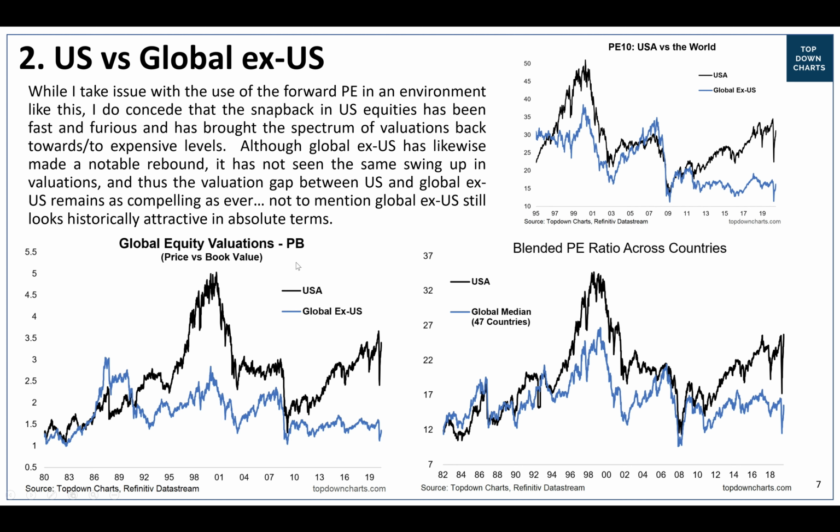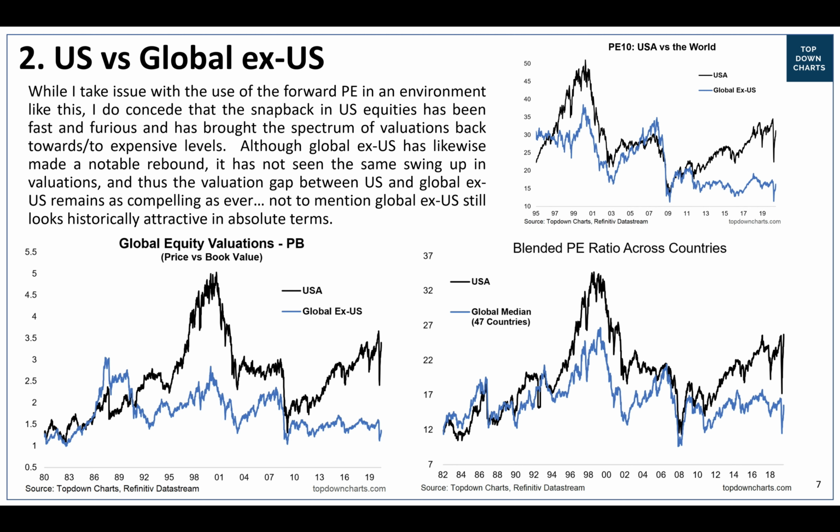Looking at the price to book ratio chart there for the US, you can see the price to book is pretty elevated versus its own history, and there's a very substantial gap to global ex-US. And global ex-US, just to clarify what that actually is, is all of world equities, but really just emerging markets and developed markets, excluding US.